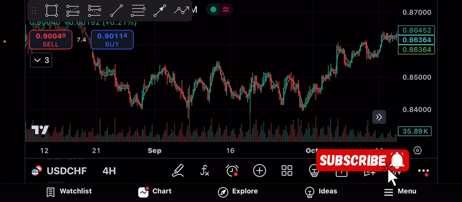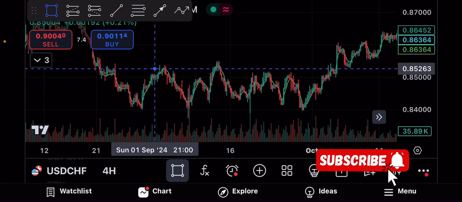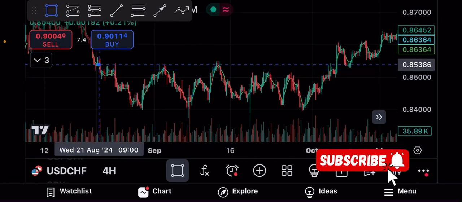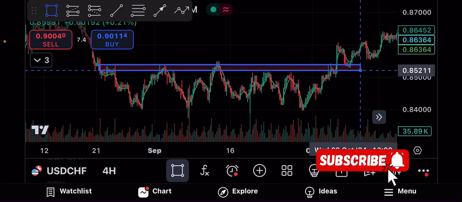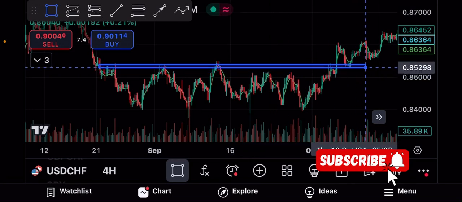If you want to identify your resistance level, you look at where price has moved to several times without breaking that structure. So let's see here, we can mark out our resistance level right here.